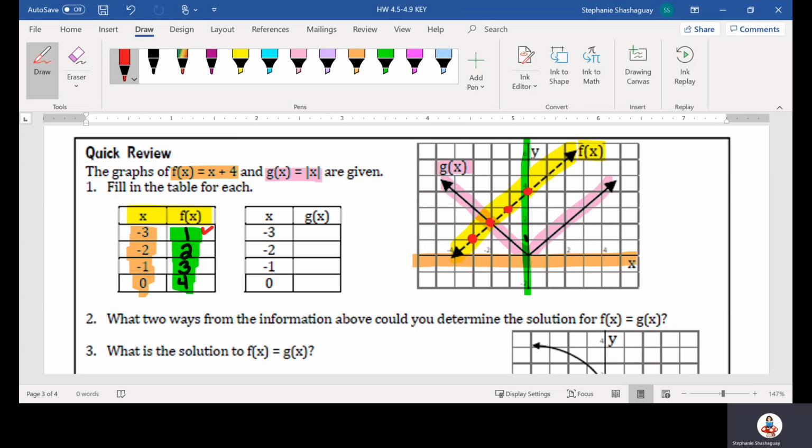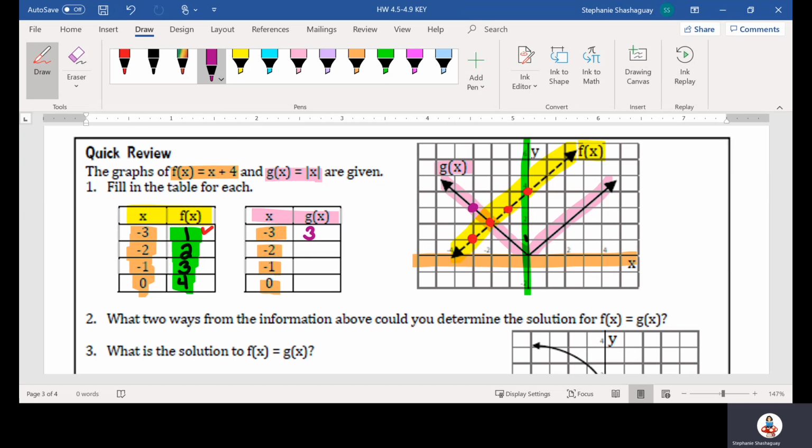All right, looking at my g of x function, which I have here in pink. I'm going to look at my x values and identify my y values. So when my x is -3, what is my y value? Well, my y value is 3.